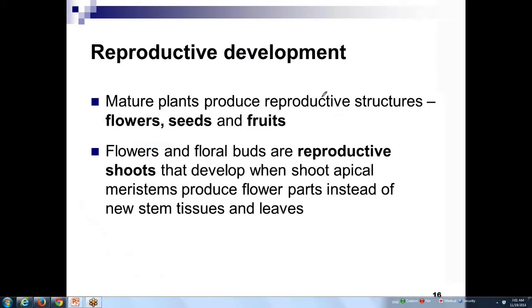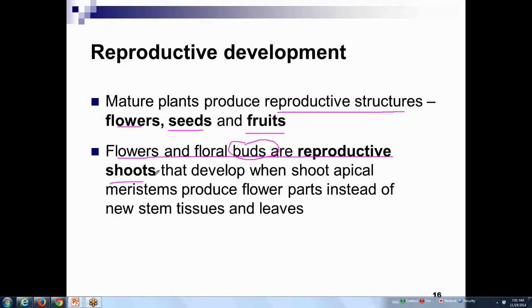So we looked at vegetative growth, things like stems, roots, leaves, etc. Now let's look at the development of those reproductive structures, flowers, seeds, and fruits. Flowers and floral buds, so again, we do have buds that turn into flowers, not just shoot systems in general, like stem and leaves.